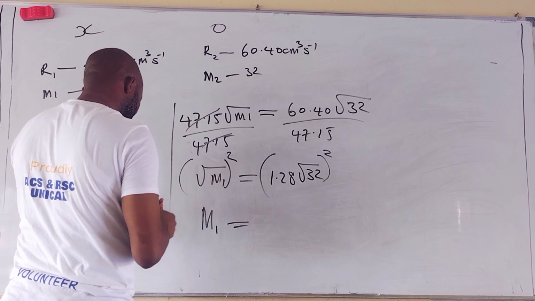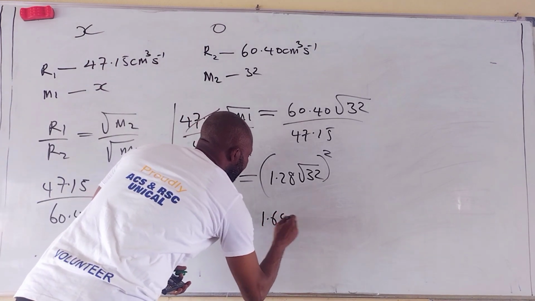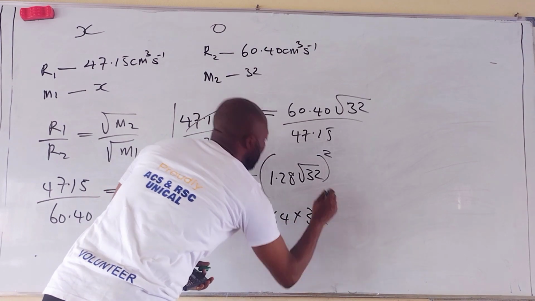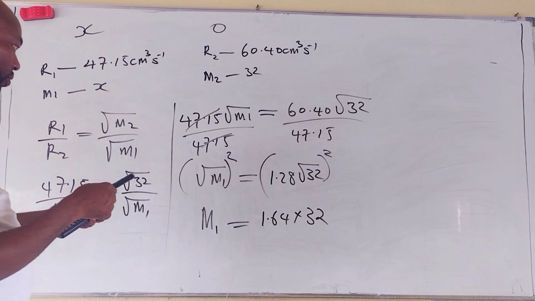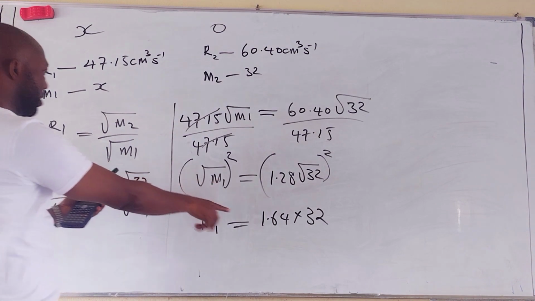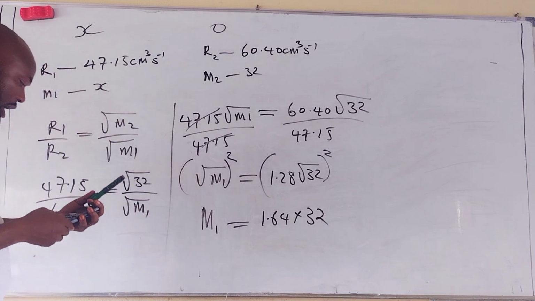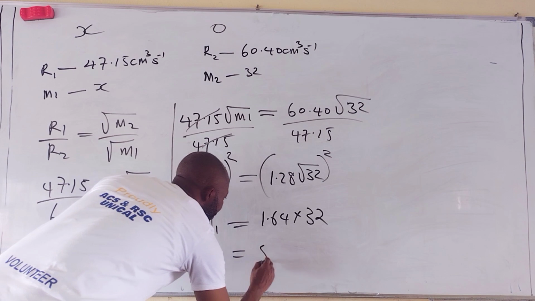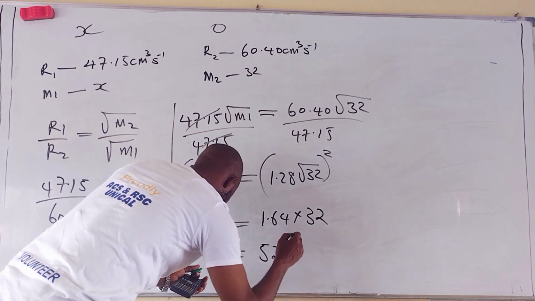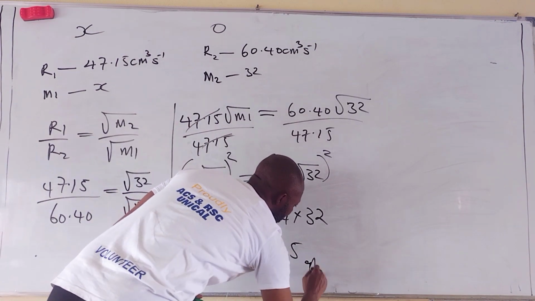When I square this, I have 1.64. 1.64 times 32. The square of root 32 is 32. So when I multiply this with 32, I have 52.5. So M1 is equal to 52.5.